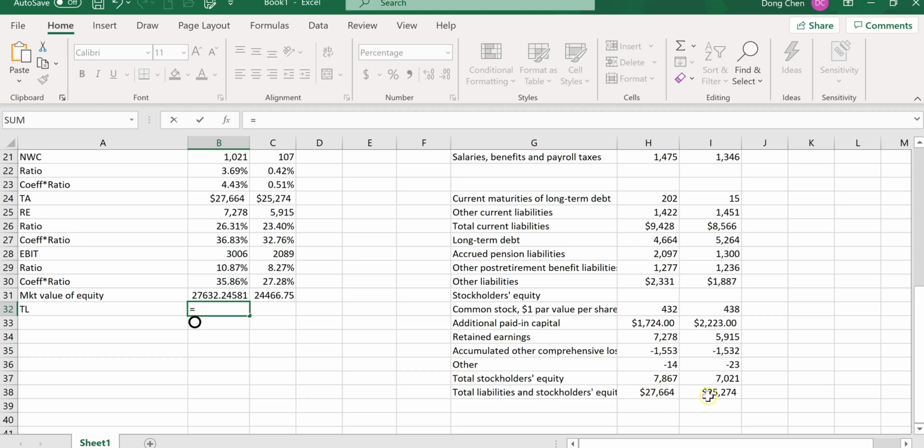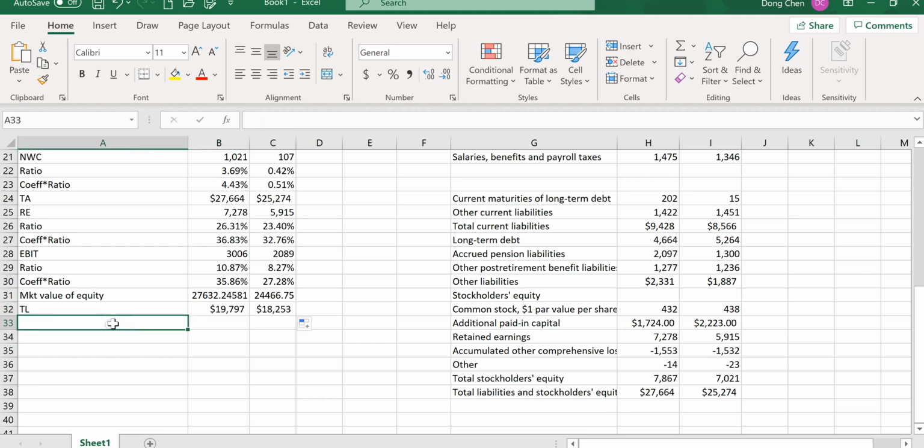So let me use this shortcut to get the same number. It's total liabilities and stockholders' equity, minus this stockholders' equity. That's my total liability. Then I can pull the cell to the right to get the 2004 number.